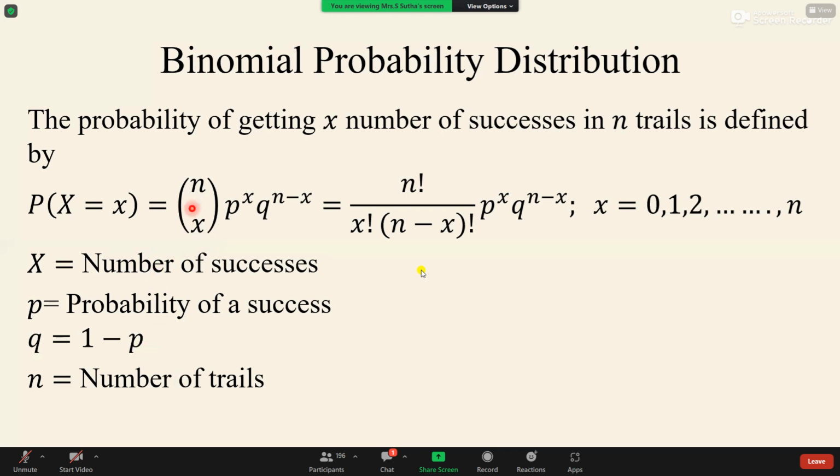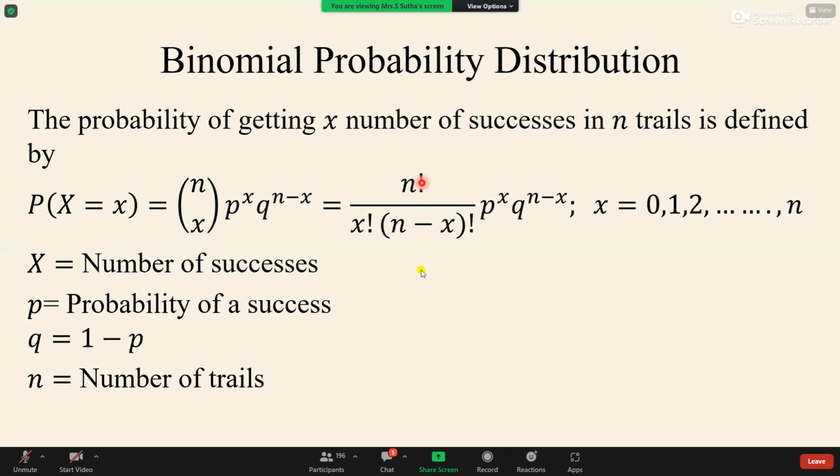Then n combination x denotes the possible ways to take x successes out of n trials. How many possibilities are there to get x successes out of n trials? That is defined by n combination x.